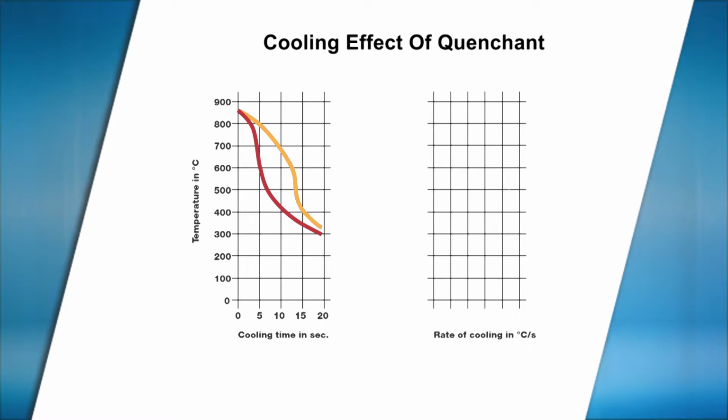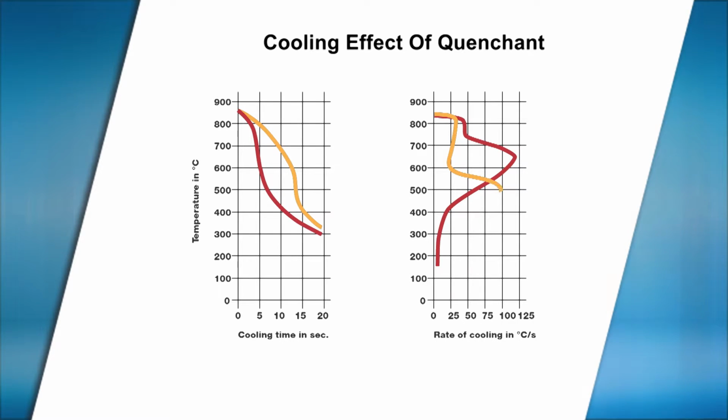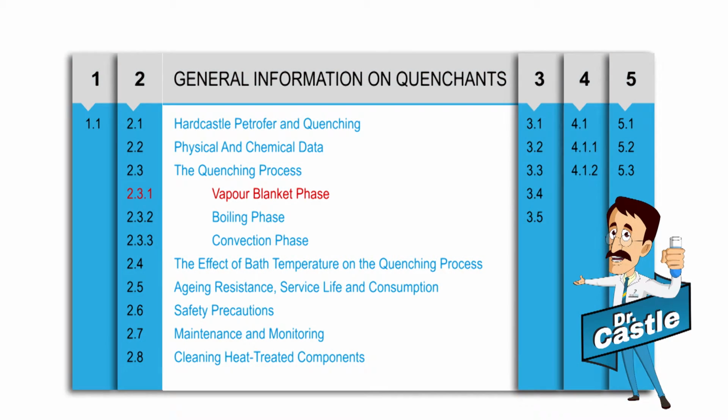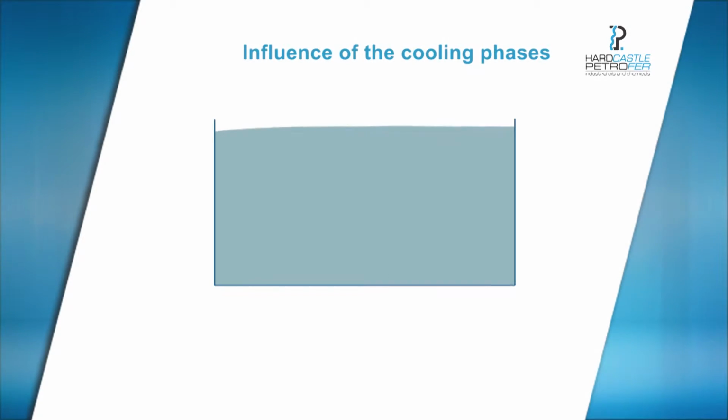Now we move on to the rate of cooling curve on the right side of the diagram. Here, the red line indicates the typical cooling characteristics of the faster quenching oil, as compared to the yellow line, which depicts slower cooling rate of the quenching oil. We now move on to the study of the three phases of quenching.